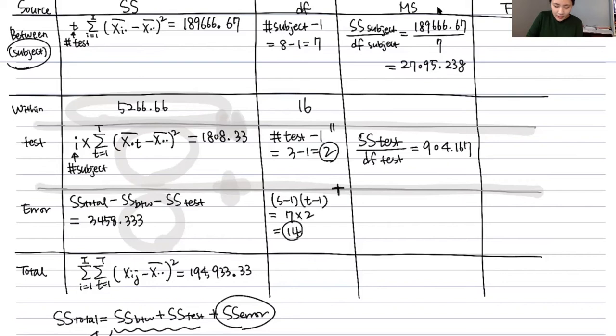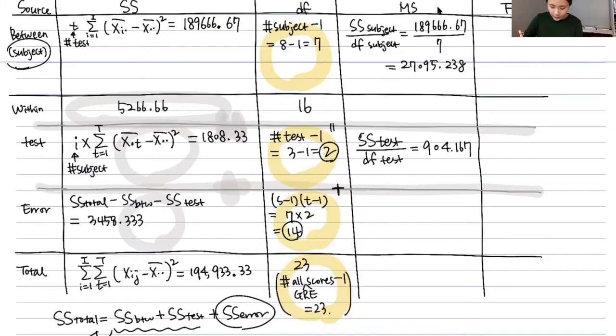And if I add this cell and this cell, that is my degree of freedom of total. 7 plus 2 plus 14 is 23. Always, degree of freedom of total is the number of all scores, GRE scores here, minus 1. So we have 24 GRE scores minus 1 is 23.